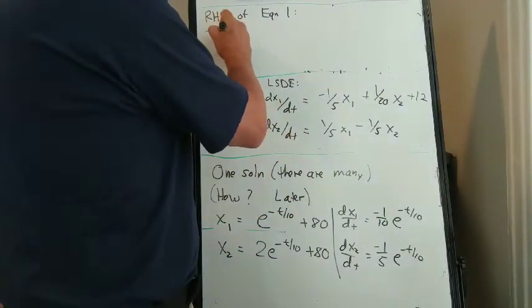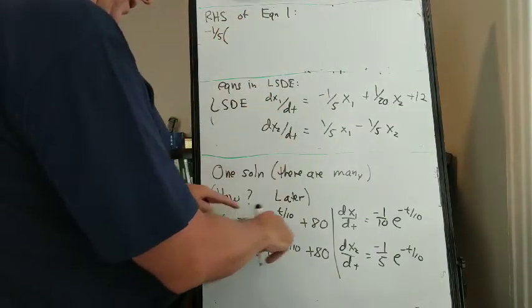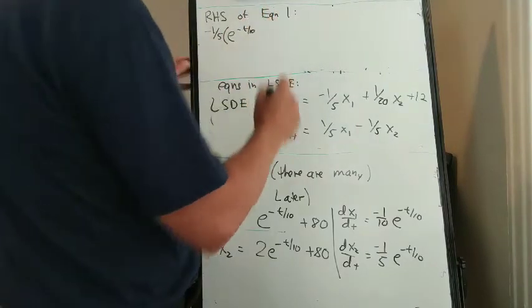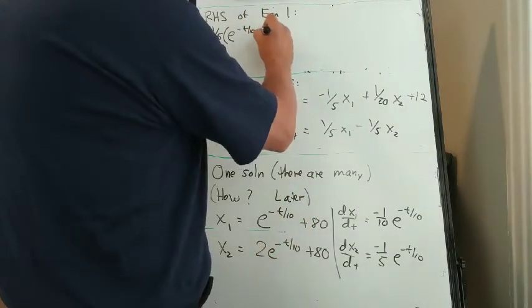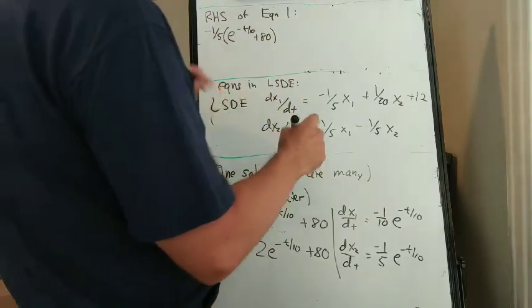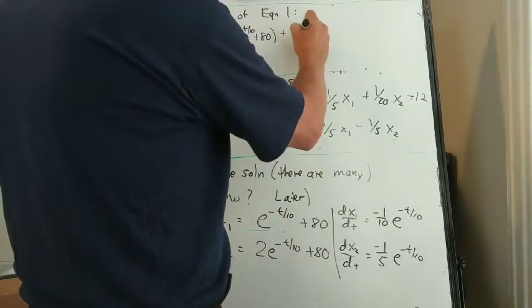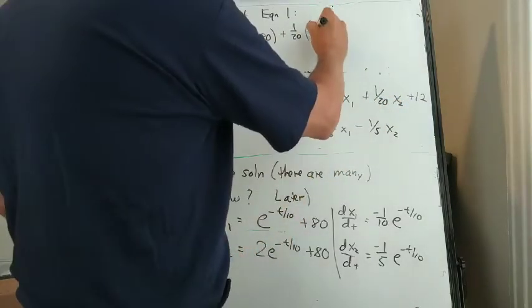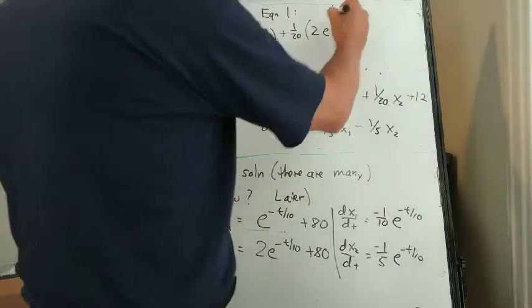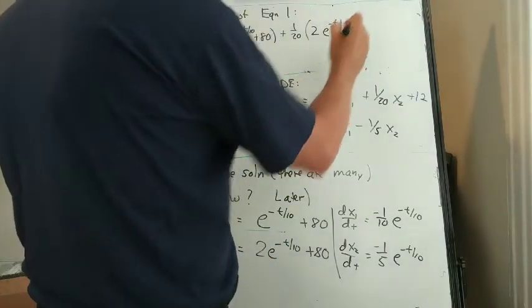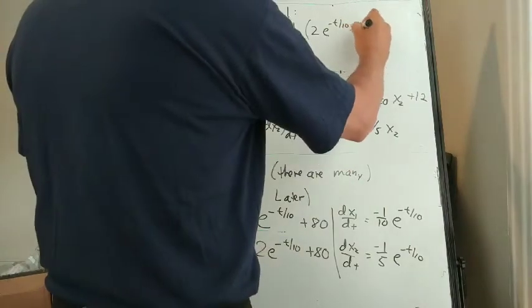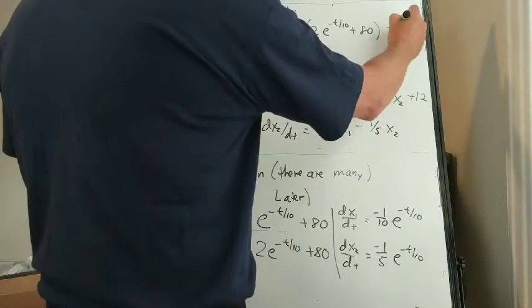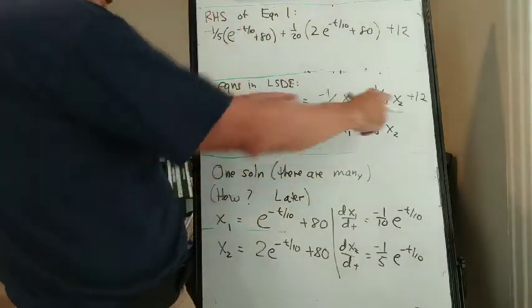So negative 1/5 times e to the negative t over 10 plus 80, plus 1/20th of x2. x2 we said is this function, 2e to the negative t over 10 plus 80, plus 12. So this is the right-hand side of equation 1.